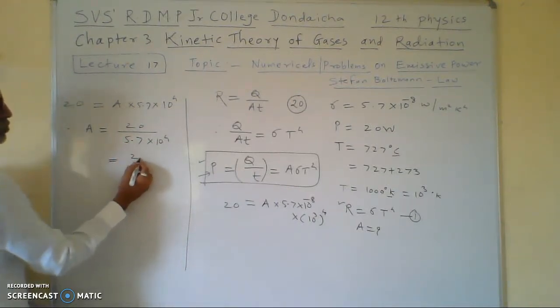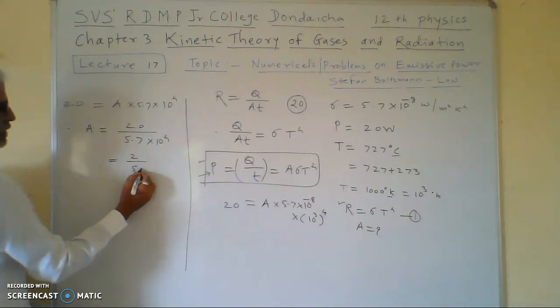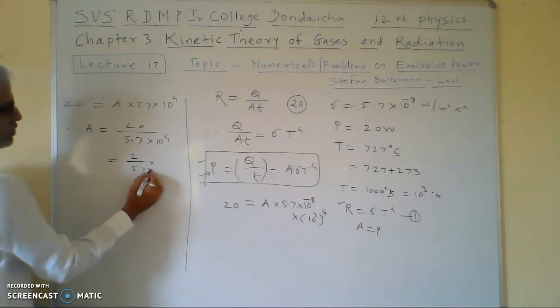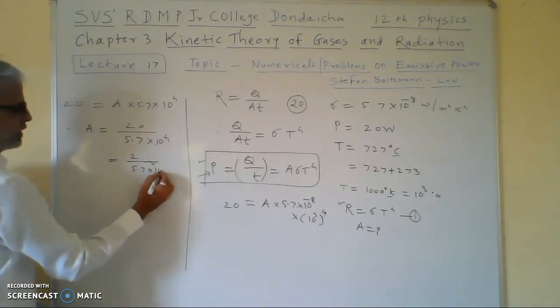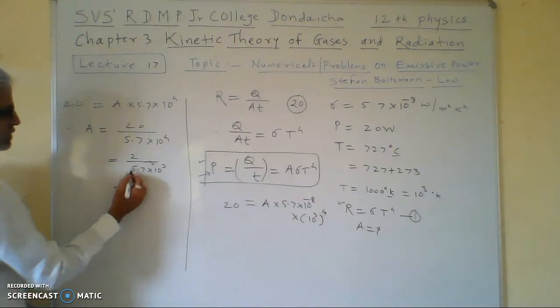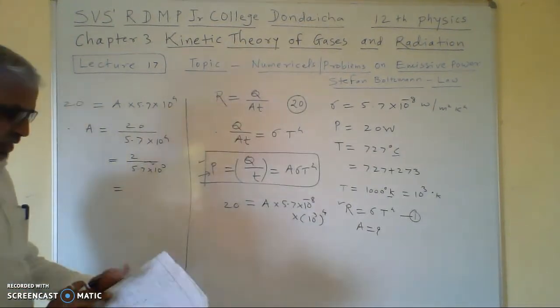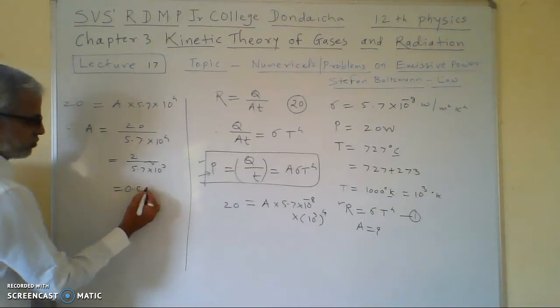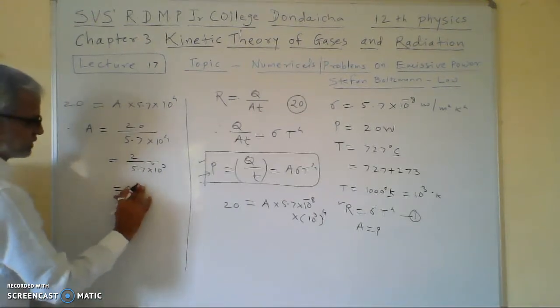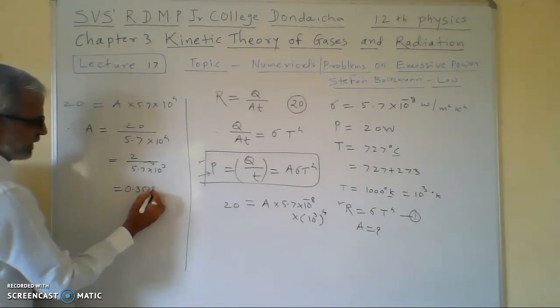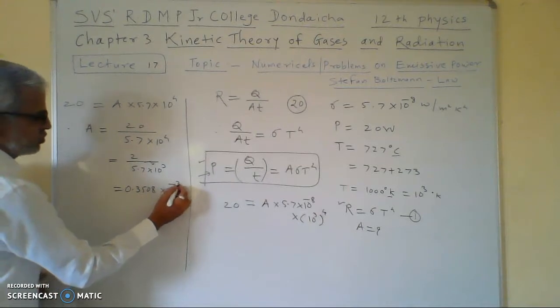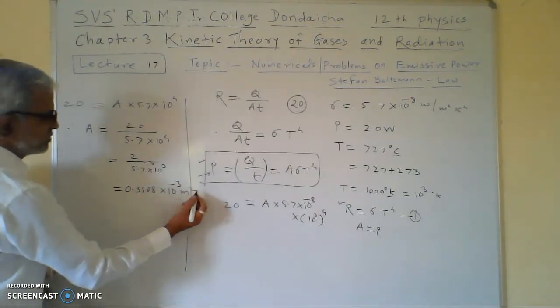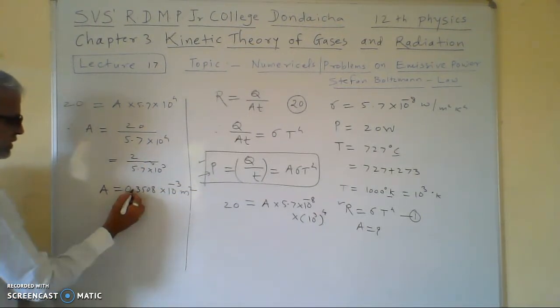So this is 2 upon 5.7 into 10 raised to 3. This 2 upon 5.7 is 0.3508 into 10 raised to minus 3. Unit is meter square, and this is the answer.